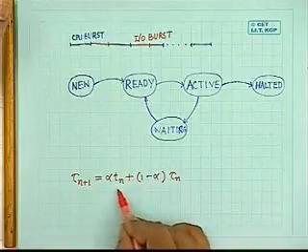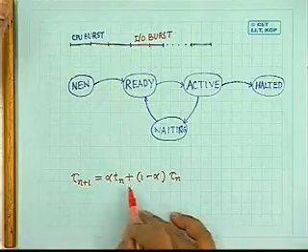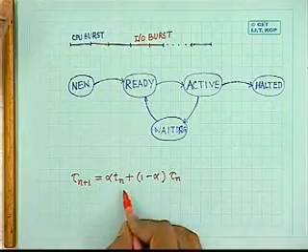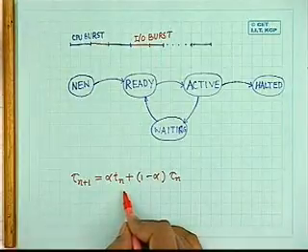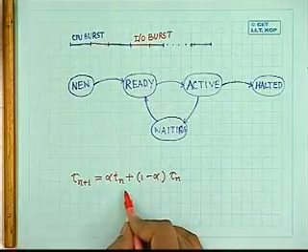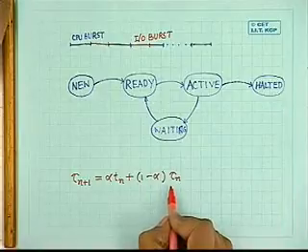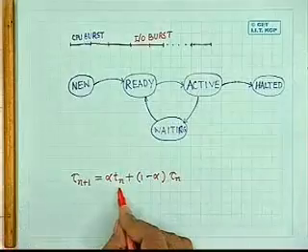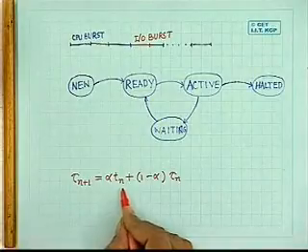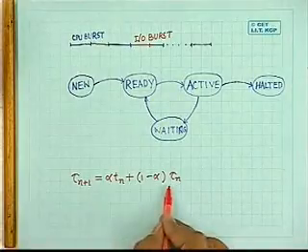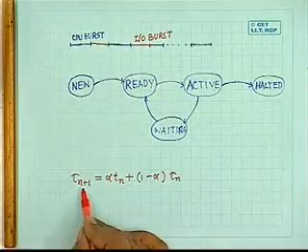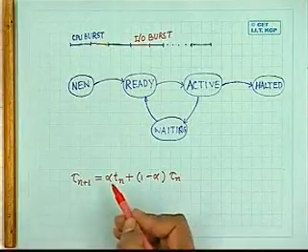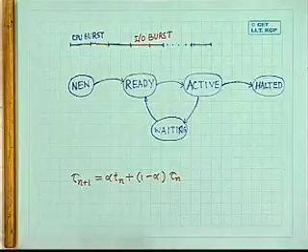We are taking a weighted sum of these two, where Tn tells you the immediate past of the job, and tau n gives you some indication about the history of the job, because tau n is accumulated. So this gives you some history of the job, and this gives you the immediate nature of the job. You take a weighted average of these two to give you the predicted next CPU burst of the job.